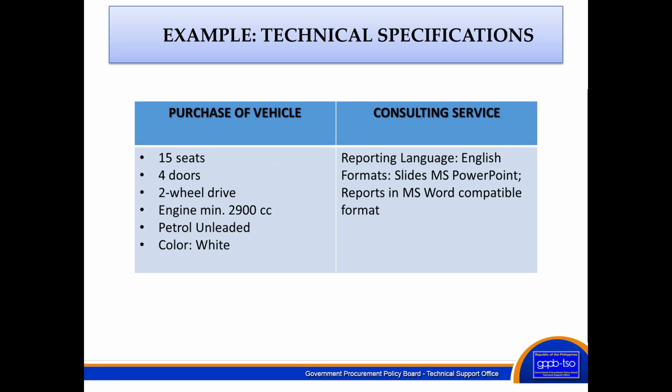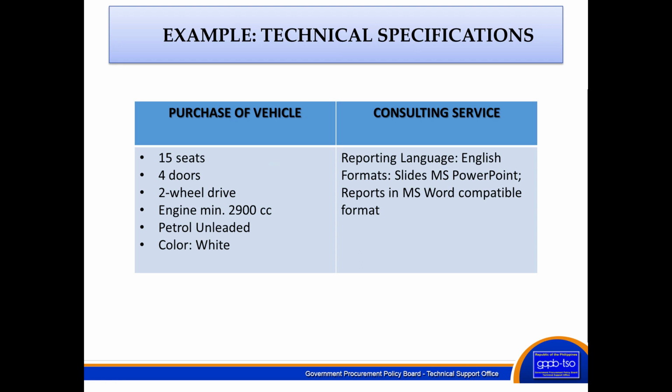So next we have the technical specifications. Again, we use the same example of the purchase of a vehicle. It is now really on the detailed, more on the technical description of the needed vehicle.